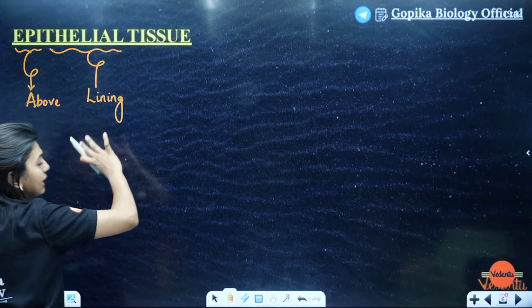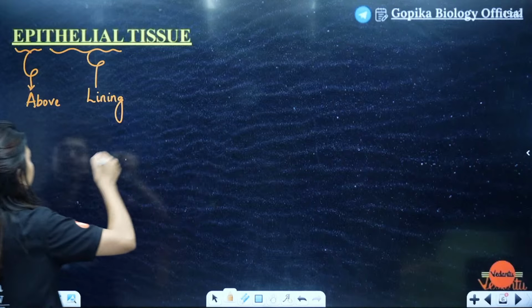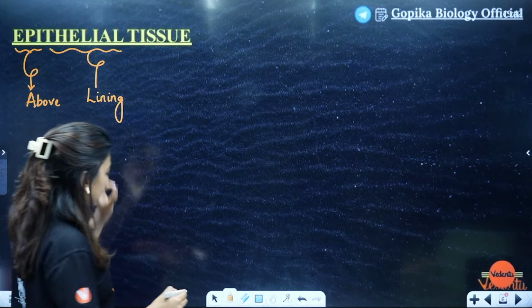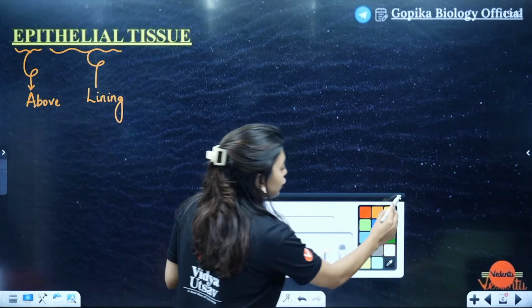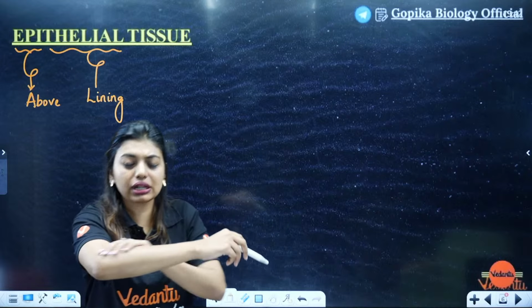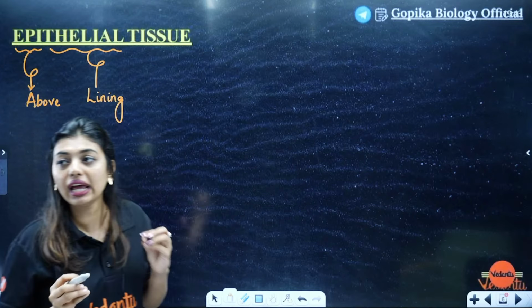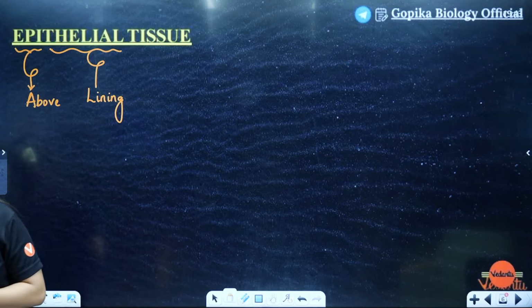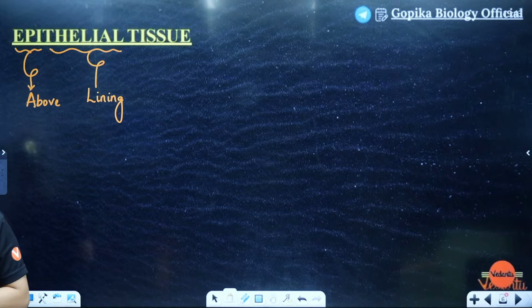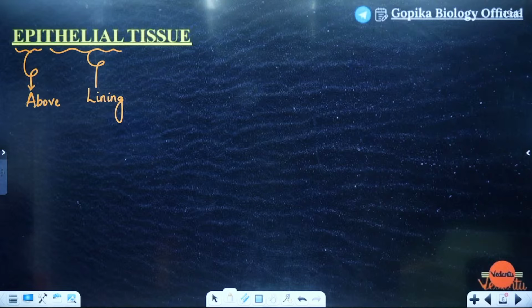These people help in lining and layering, which I will take separately and make you understand. Above, lining. That means these people are going to do the covering part, right? They're going to cover it. They're going to line something. So that is what your epithelial tissue is about. Can you give me some more points about epithelial tissue? Any points that you know, if all of you can tell me, it would be very nice. Let me see some of your memory.